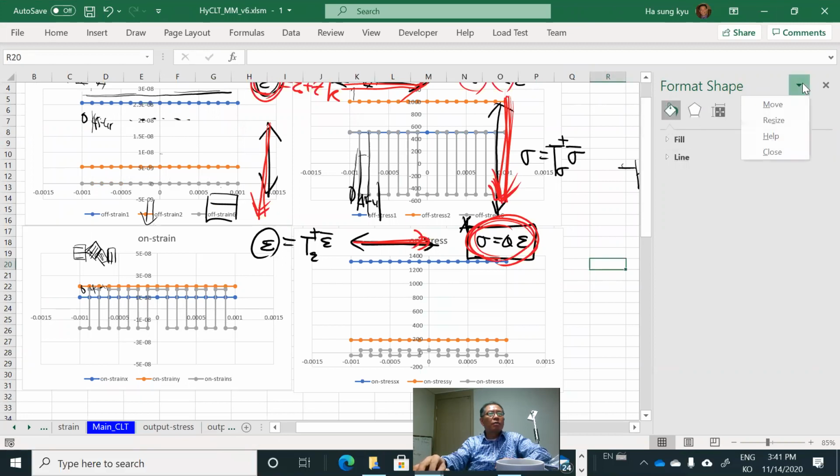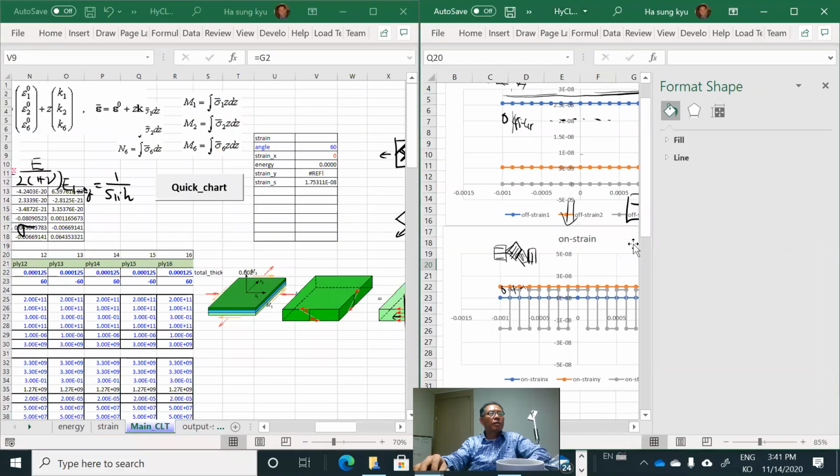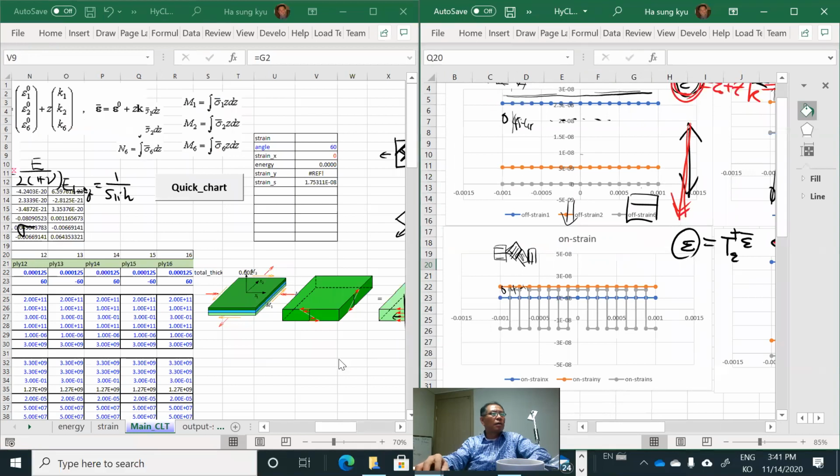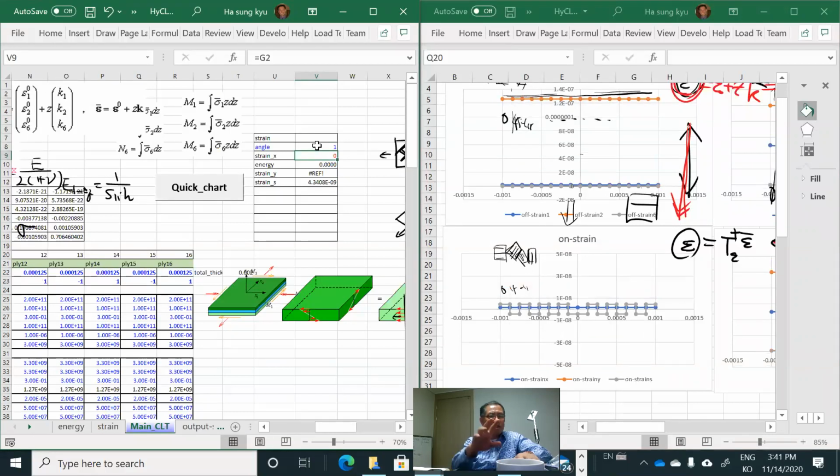How to get rid of this? I don't like this. Okay, so when we change this angle, you can see more dramatically. I just fix the maximum and minimum so that you can see better.